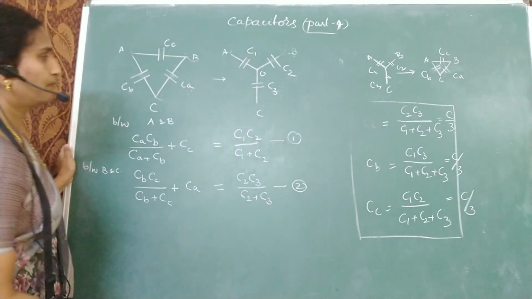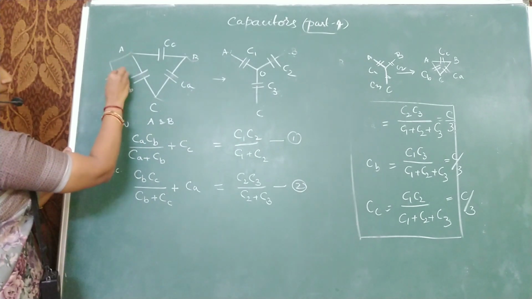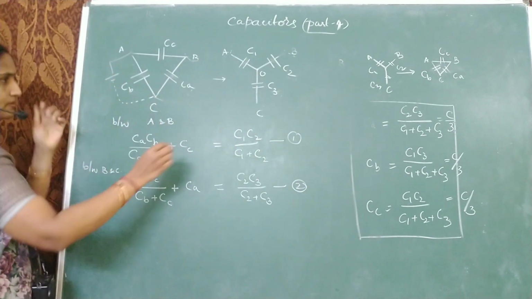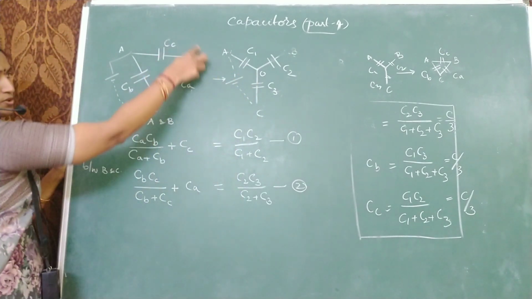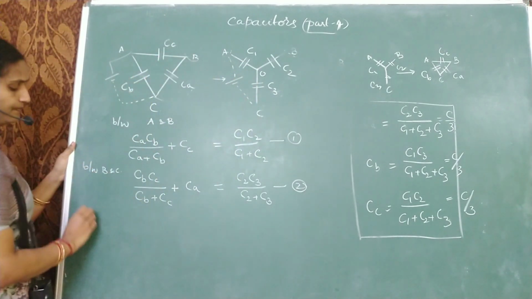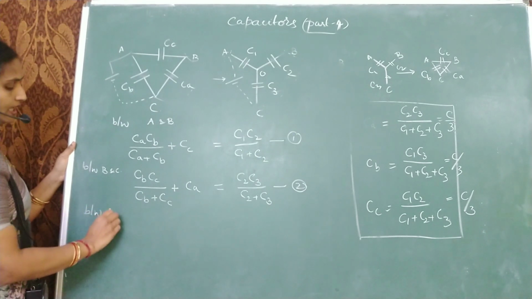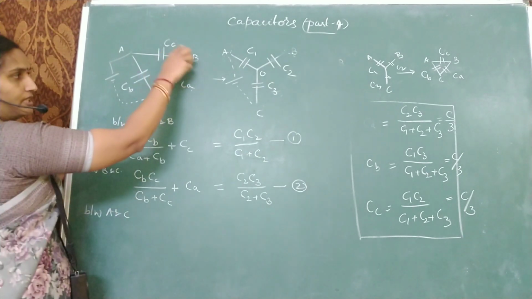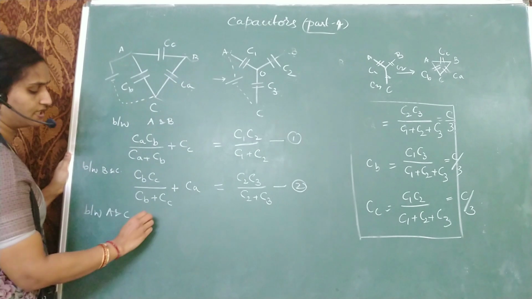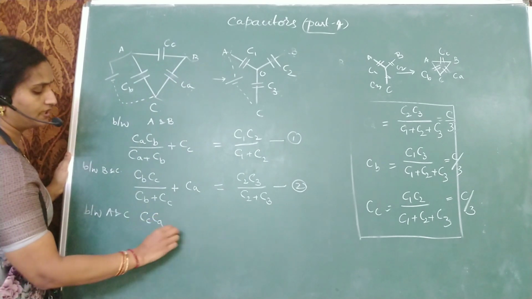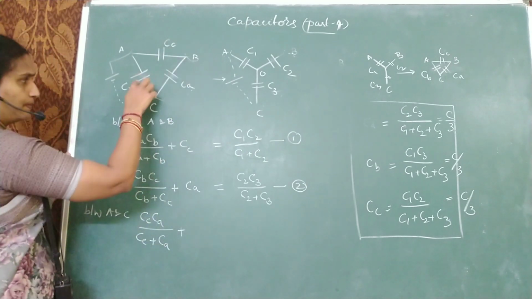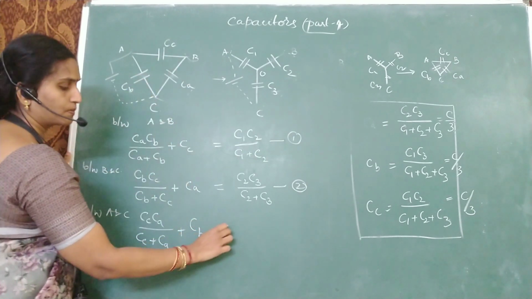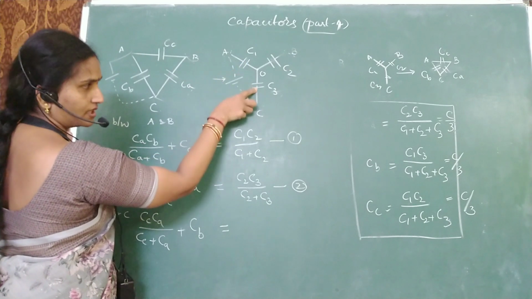AB finished, BC finished, now between A and C. Imagine a battery between A and C in both the circuits. Now CA and CC are in series, parallel to CB. So between A and C, the equivalent capacitance is CC into CA by CC plus CA, plus CB, which should be equal to C1 and C3 in series.